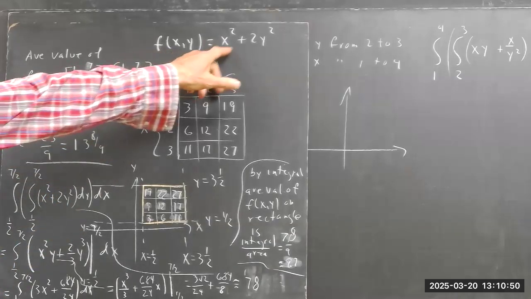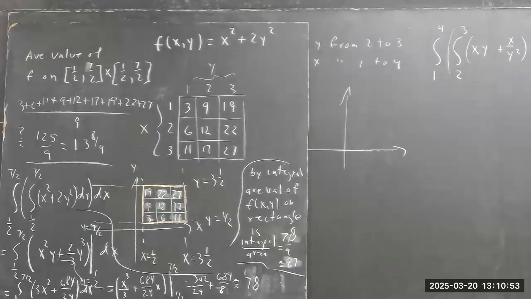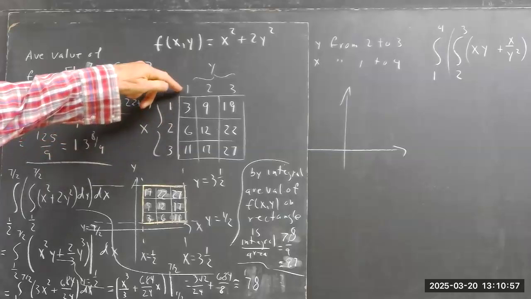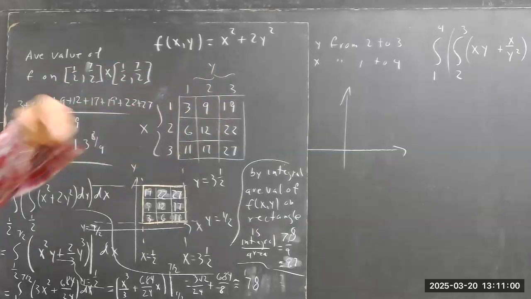We start with the function f of x, y, x squared plus b y squared. We calculated its values for x equals 1, 2, 3, y equals 1, 2, 3, put them in a table.